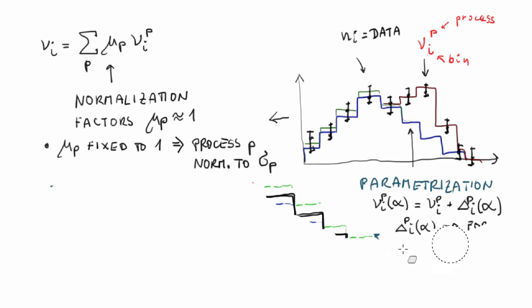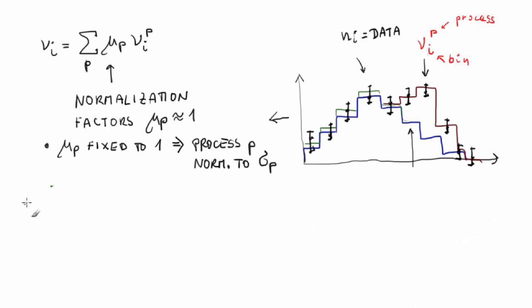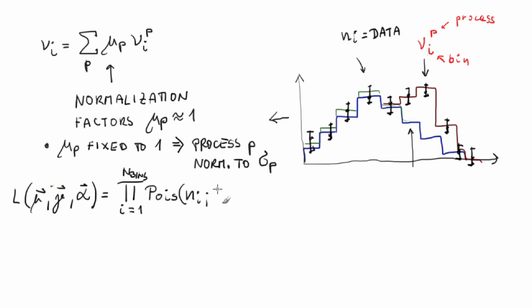Inserting everything into the likelihood function yields L of μ vector, γ vector, α vector is equal to the product over i going from 1 to n bins, Poisson of n_i with the expected value of sum over p μ_p, all this times ν_pi plus sum over k δ_pik of α_k, and all this times γ_i.